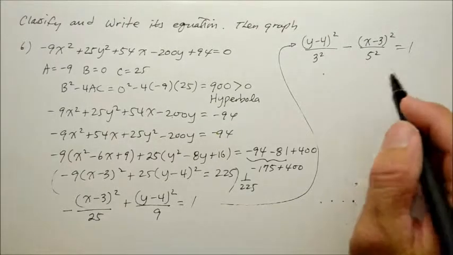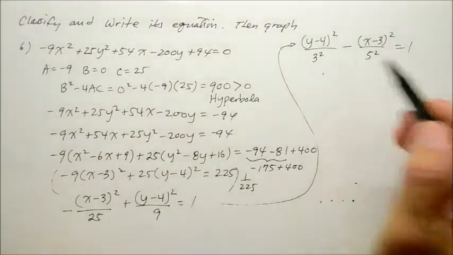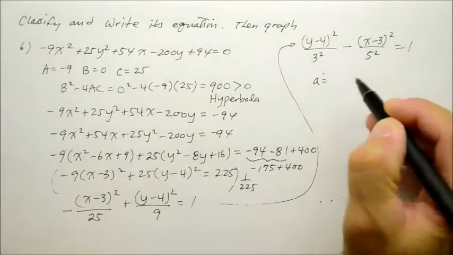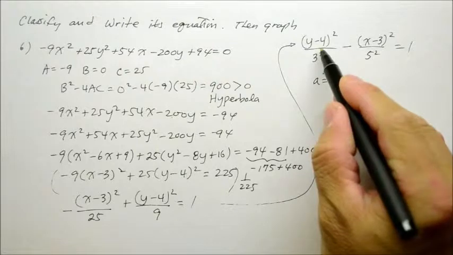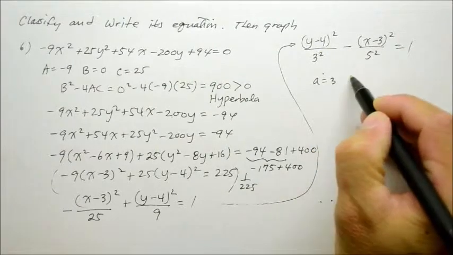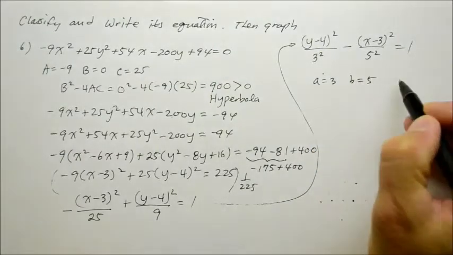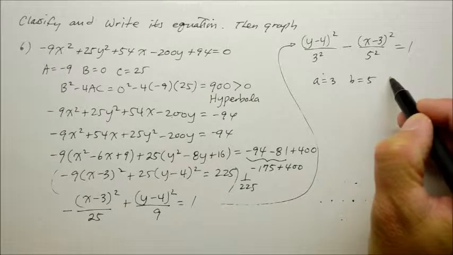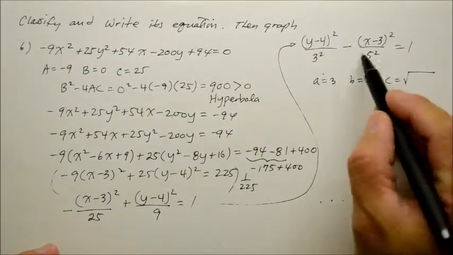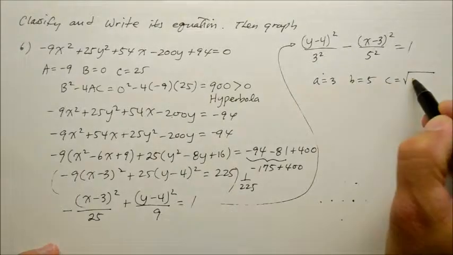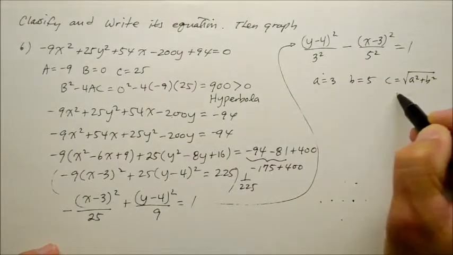So now we have a vertical transverse axis. What's A? The A always follows the major axis. So A is 3, B is 5. The C is going to be the square root of A squared plus B squared.